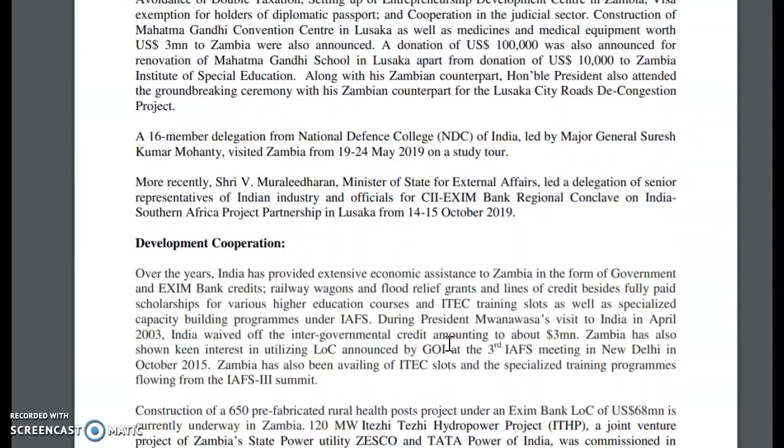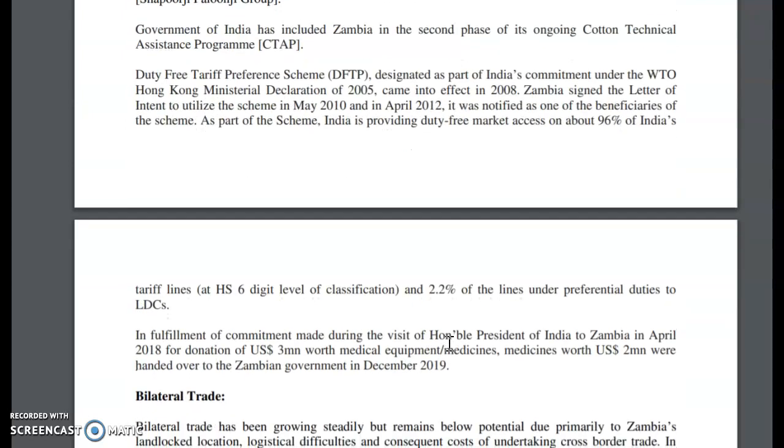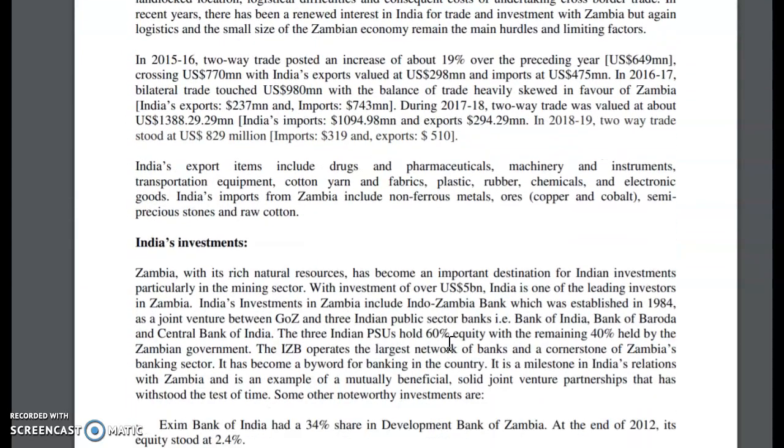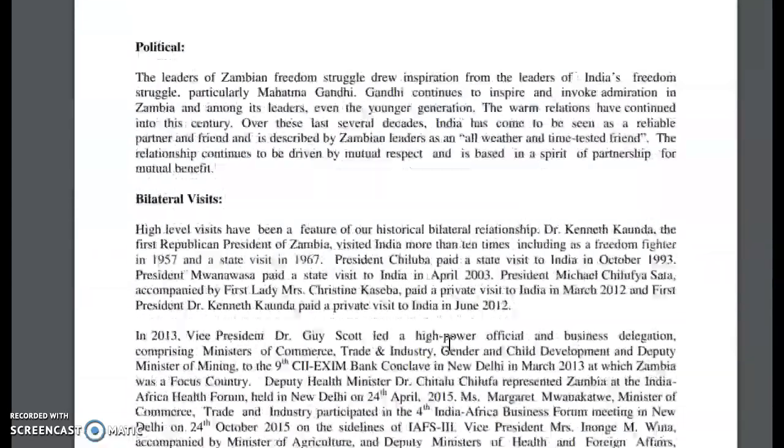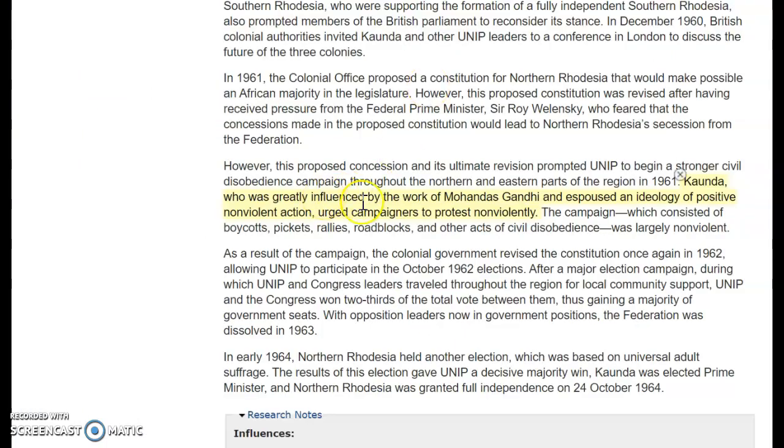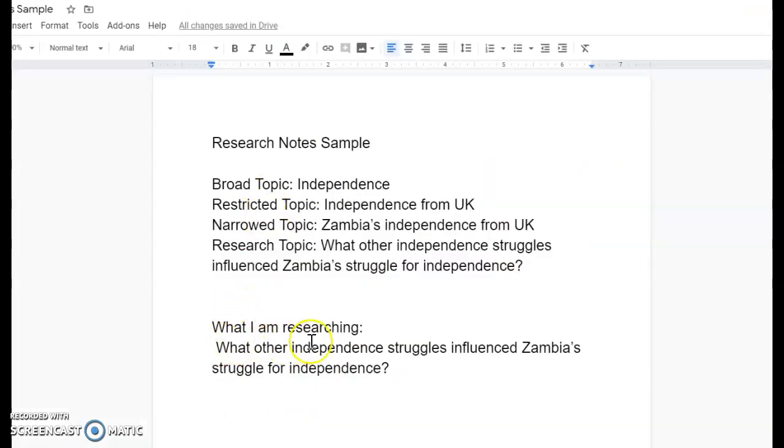So I'm not going to make you read all of this information on Zambia, but it is important to note that not only am I highlighting my important information that's going to answer my research question, or taking notes on the side if I don't have a highlighter for the computer, but I'm also focusing my information specifically to answer the question, what other independence struggles influenced Zambia's struggle for independence?